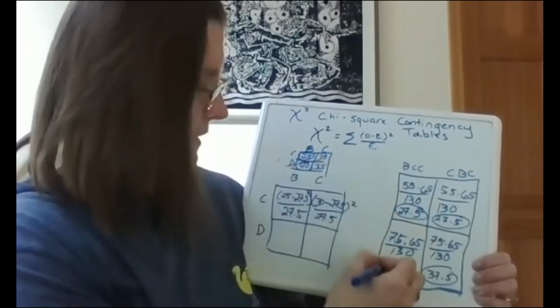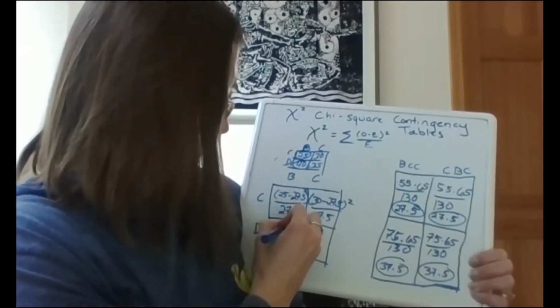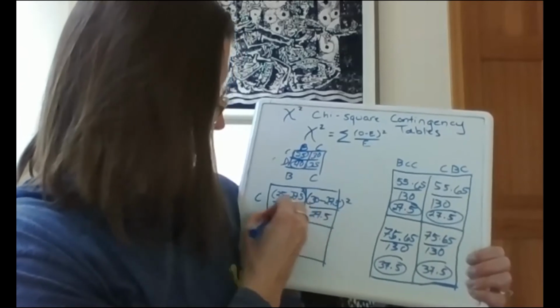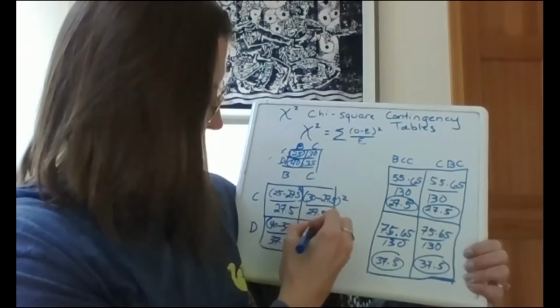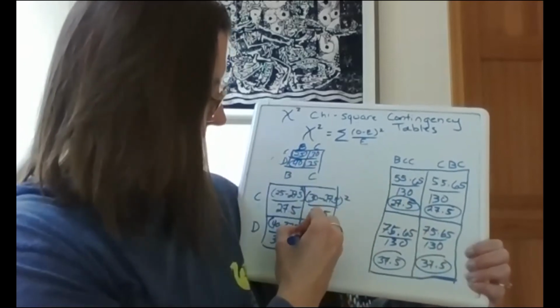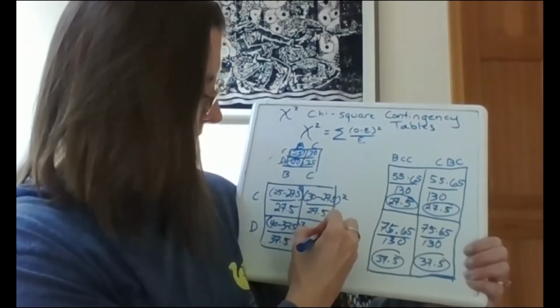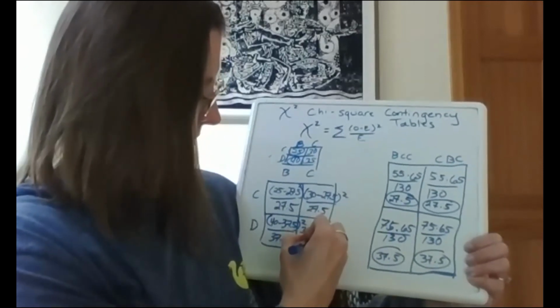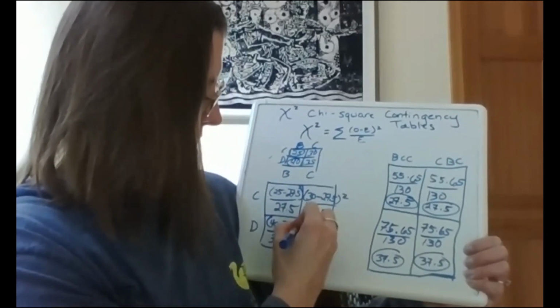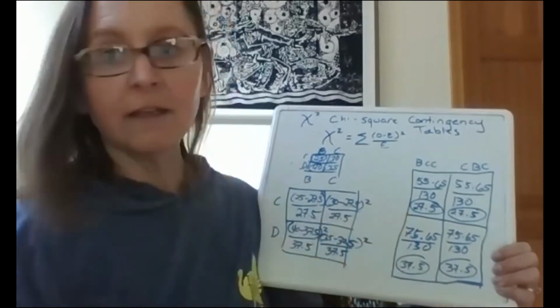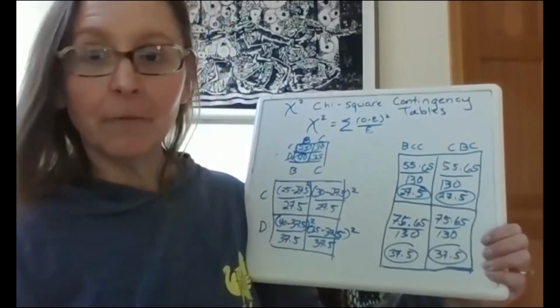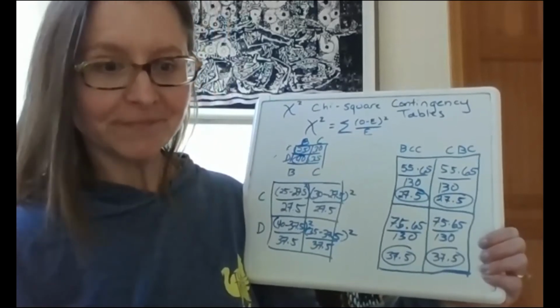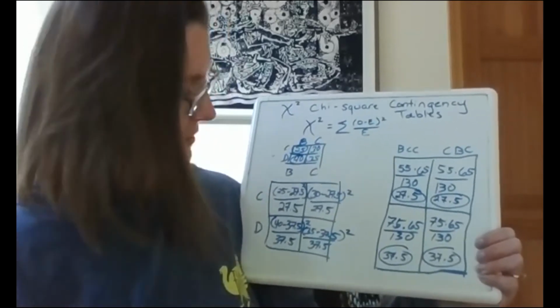And this one's 40 minus 37.5 squared divided by 37.5. And then this one's 35 minus 37.5 divided by 37.5. Let's square this. So again, I'll give you a moment to go ahead and get those final values. So you can pause it if you want.